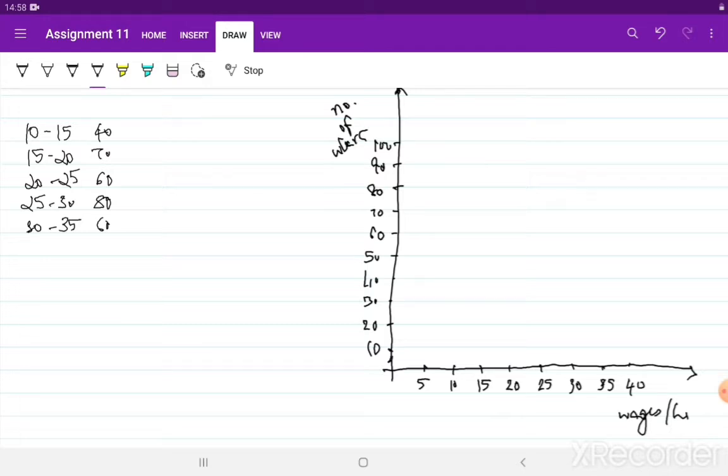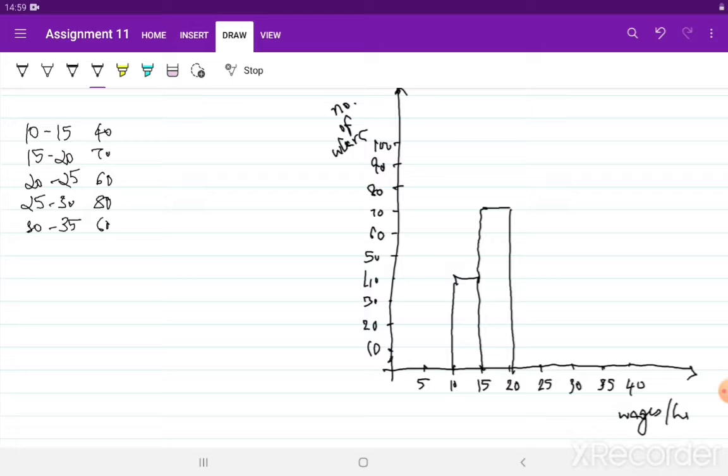So 10 to 15 is 40, and 15 to 20 is 70. Please make sure that the width of each of these bars is exactly equal.